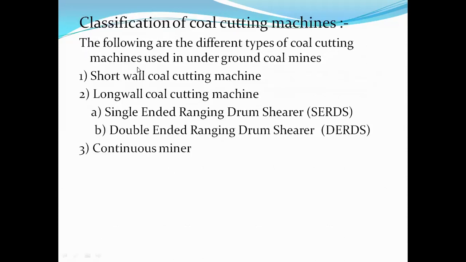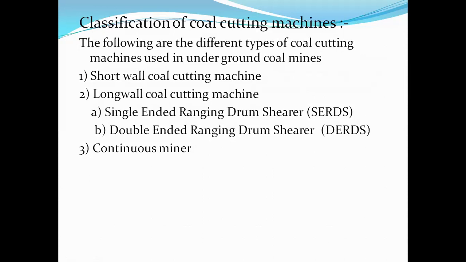Next, coming to the classification of coal cutting machines. The following are the different types of coal cutting machines used in underground coal mines. Coal cutting machines, as the name indicates, are used to cut the coal during mining operation. Instead of carrying out drilling and blasting operations, the coal cutting machines cut the coal with their cutting picks.